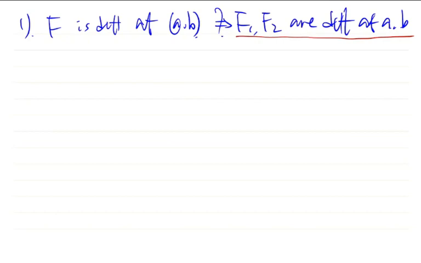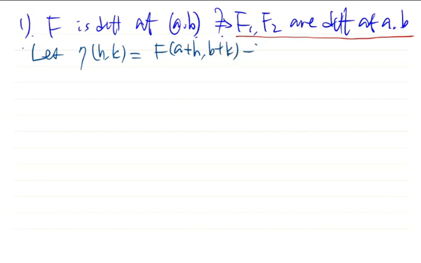So by the condition, capital F is differentiable. We know that, let eta(h, k) be F(a plus h, b plus k) minus F(a, b) minus the derivative of F at (a, b) acting on the vector (h, k).